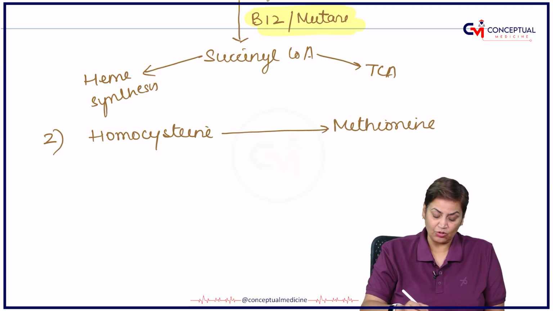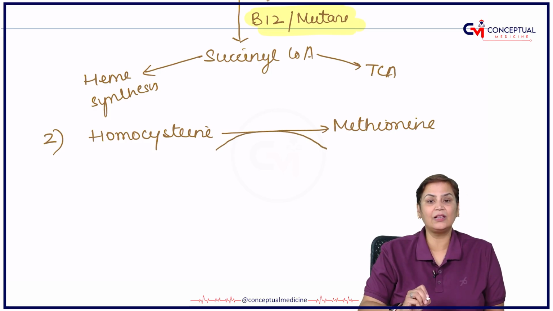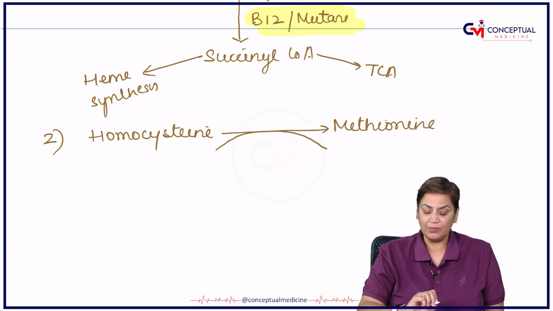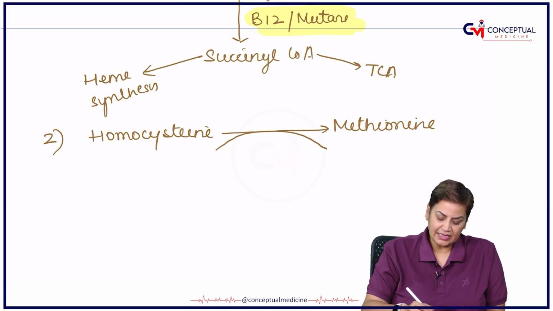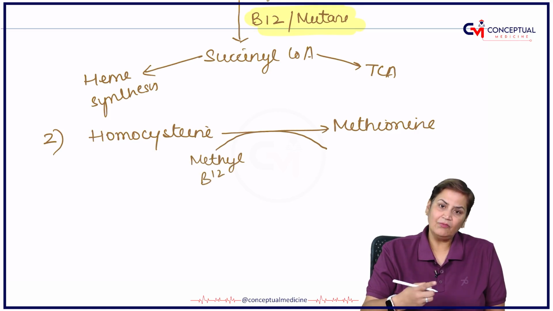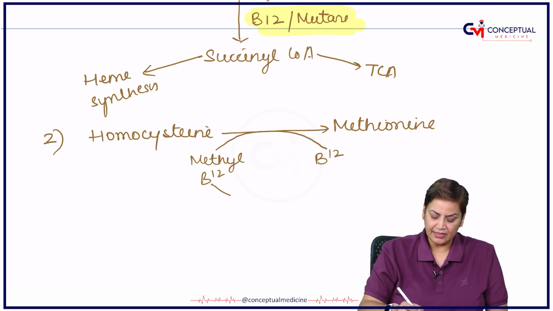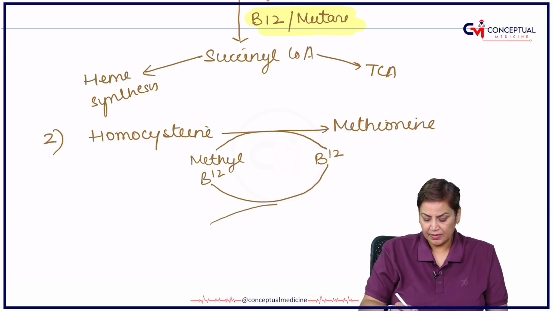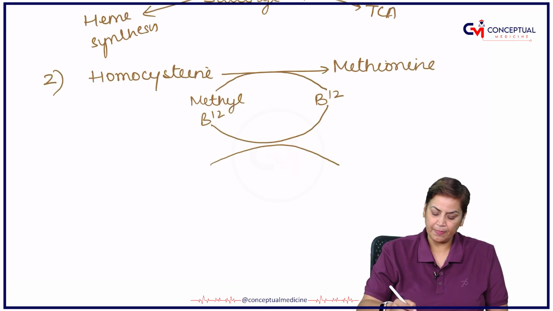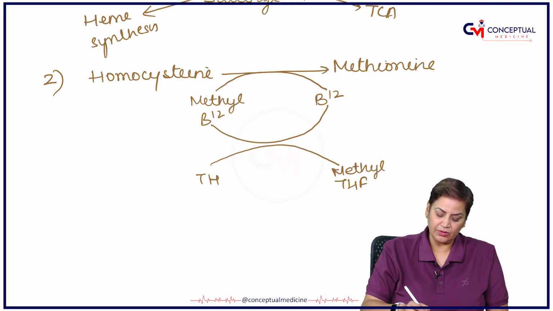The donor of this methyl group is obviously folic acid, but B12 acts as a carrier or a coenzyme. So it is like this: methyl B12 will donate its methyl group and will be converted into B12, and this methyl group will come from methyl THF, which will be converted into this.